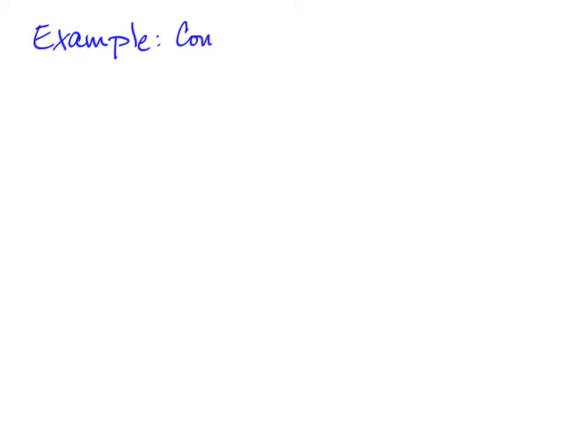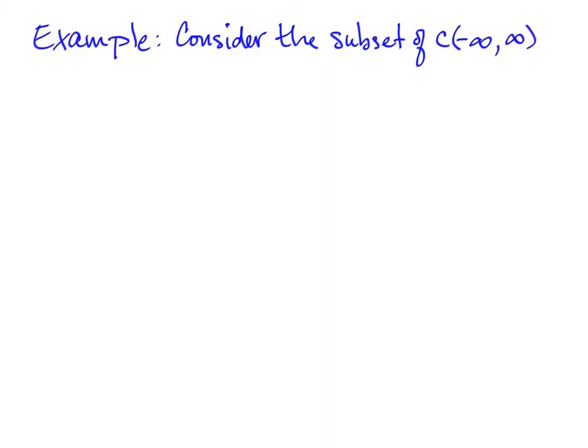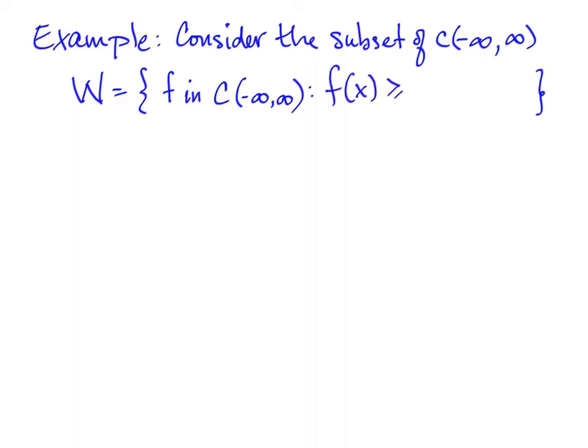All right, another example, let's think about the following subset of the set of all continuous functions. All the functions continuous on the entire real line. Let's consider the subset W consisting of all functions in C negative infinity to infinity, so it's a function continuous on the entire real line, such that f of x is non-negative for all x.